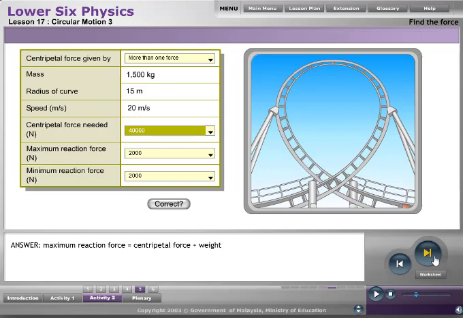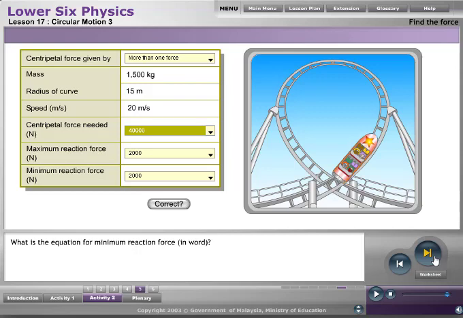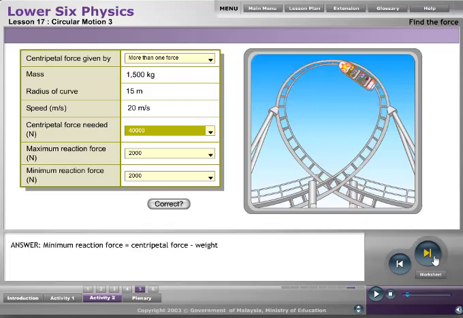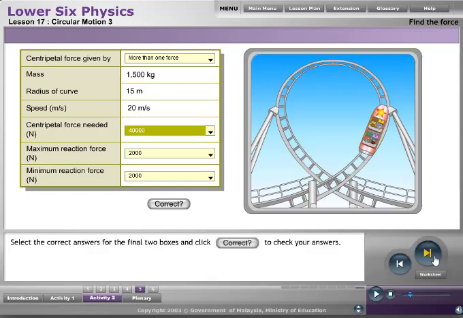Answer: maximum reaction force equals centripetal force plus weight. What is the equation for minimum reaction force in words? Answer: minimum reaction force equals centripetal force minus weight. Select the correct answers for the final two boxes and click the Correct button to check your answers.